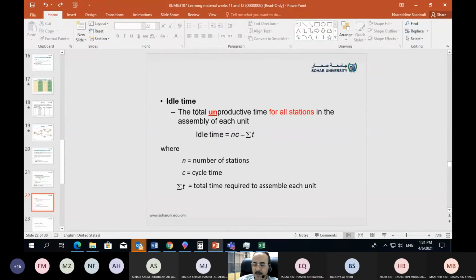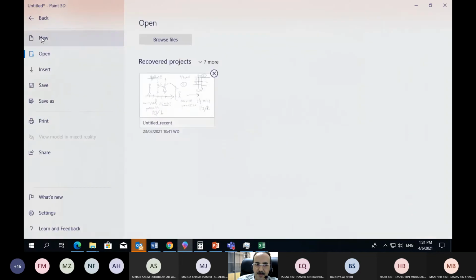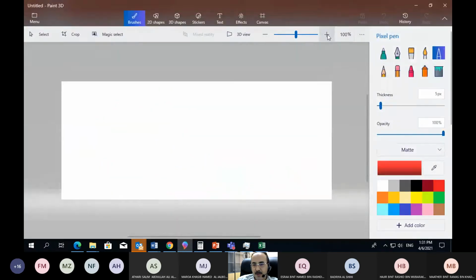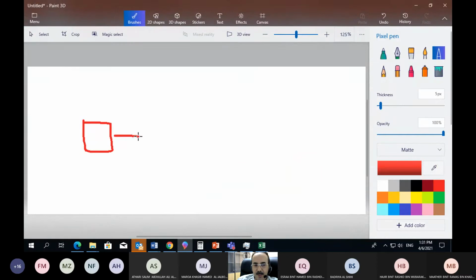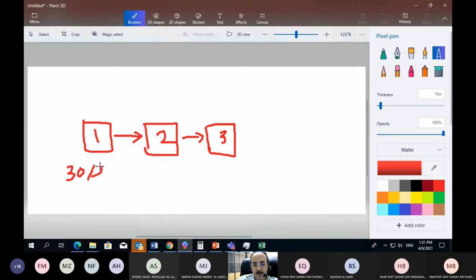Idle time is the time that the system is not operating. To give you an example, in my original example of 3 operations, if I look at this in terms of rates, we said that this is 30 per hour, this is 12 per hour, and this is 20 per hour.